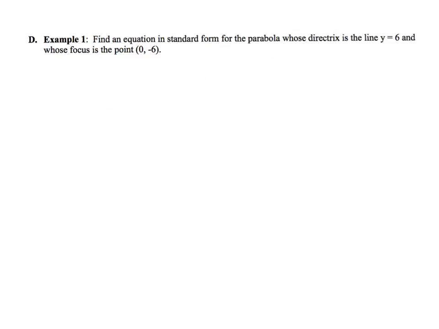Okay, this example says find the equation in standard form for the parabola if the directrix is the line y equals 6 and the focus is the point (0, -6). So I always like to draw a picture for these things, and I'm definitely not saying that my handwriting is going to be fantastic for this, but here's our coordinate plane. We have a directrix for y equals 6. Let's just say that is right there.